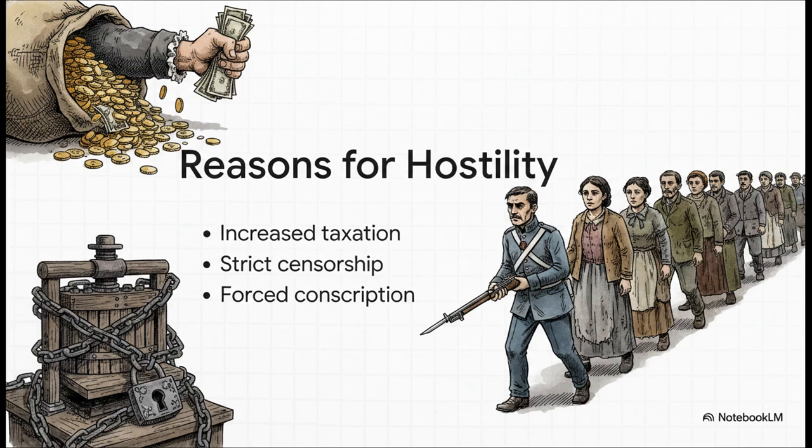So much for liberty, right? And third, which was probably the worst of all, was forced conscription. Local people were quite literally forced to join the French armies to help Napoleon go out and conquer the rest of Europe. So the everyday advantages of the Napoleonic Code were heavily outweighed by these oppressive measures. Memorize these 3 points. It's a very solid 3-mark answer waiting to happen.